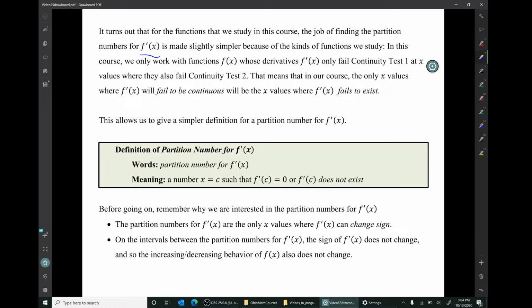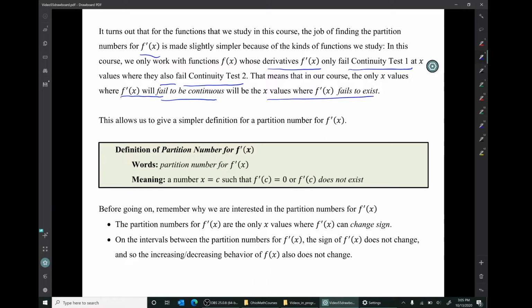In this course, we only work with functions f of x whose derivatives, f prime of x, will only fail continuity test 1 at x values where they also fail continuity test 2. That means that the only x values where f prime of x will fail to be continuous will be the x values where f prime of x fails to exist.